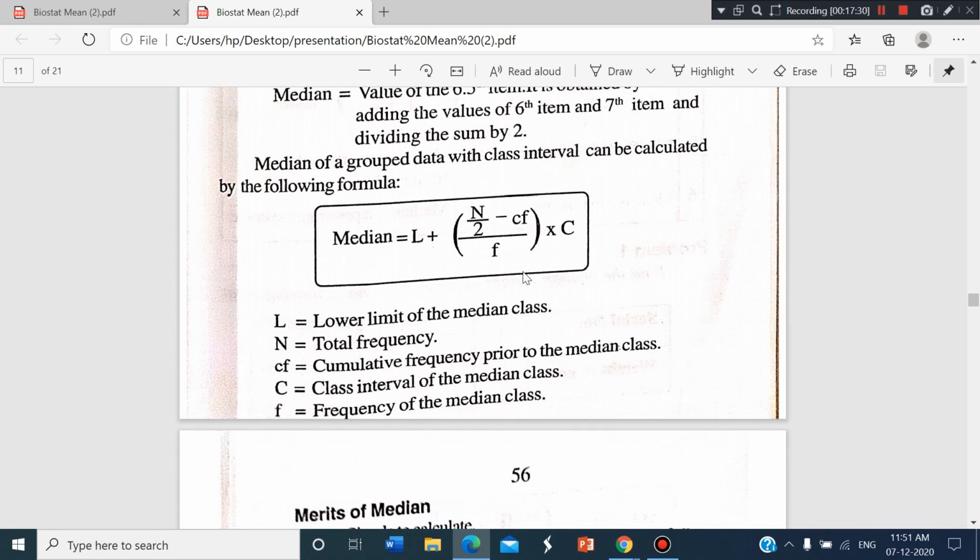For median, MD equal to L plus (N by 2 minus CF) divided by F, into C. Here L is the lower limit of the median class, N is the total frequency, CF is the cumulative frequency prior to the median class, C is the class interval of the median class, and F is the frequency of the median class. If I say it like this, you will not understand unless I take up an example. I will go to the example.